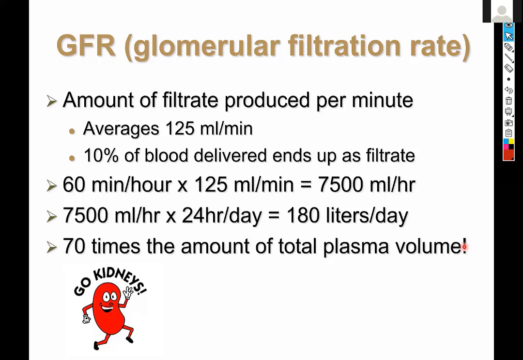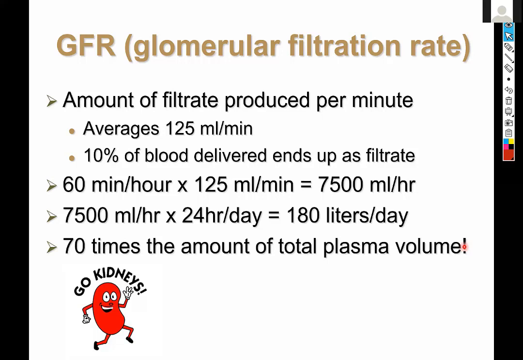So think about cardiac cycles, think about blood moving into the systemic circuit, and 25% of cardiac output. Obviously, you don't have 180 liters of blood, right? So what that means is you are sending the entire volume of your blood through your kidneys multiple times per day.